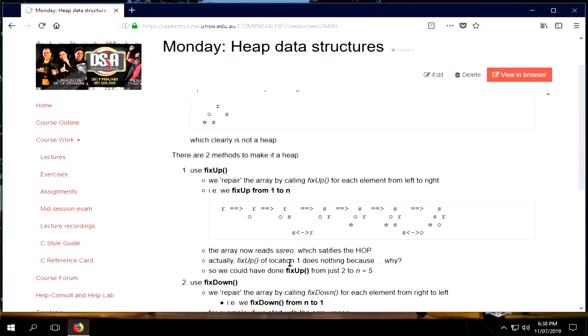But that does mean if you have to malloc for a heap, you need one more. So when you malloc for an array, the array elements go from 0 to n-1. They're your n elements. When you malloc for a heap of n elements, the elements go from 1 to n. And you've got 0, so you need n plus 1.